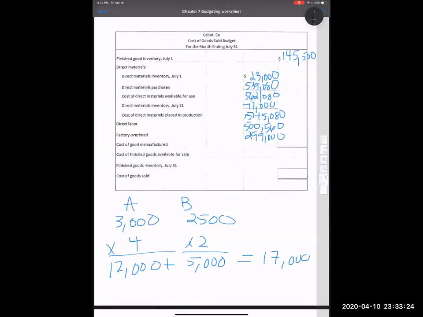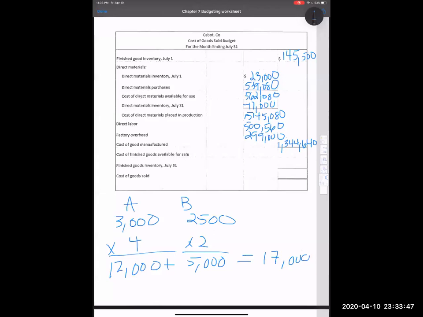So if we add all of those things up, our cost of goods manufactured, which includes our direct labor, our factory overhead, and our direct materials. So this 545,080, 500,560, and 299,000. If we add them all up, we should come up with 1,344,640. Okay. All right.